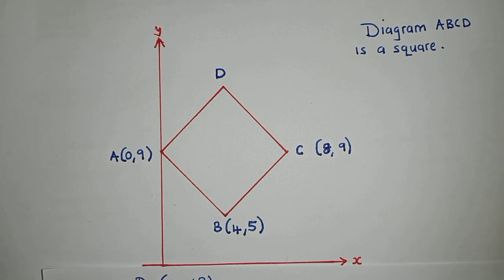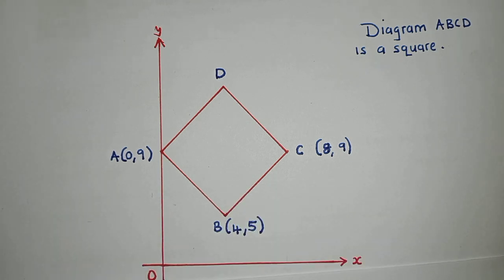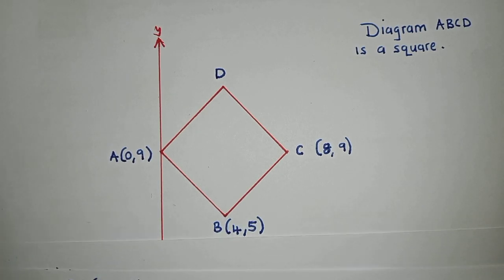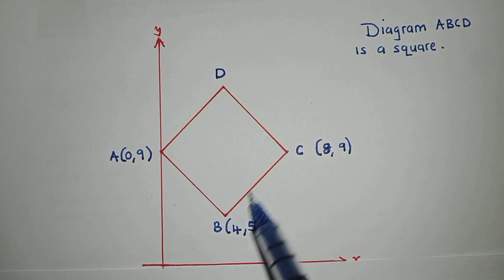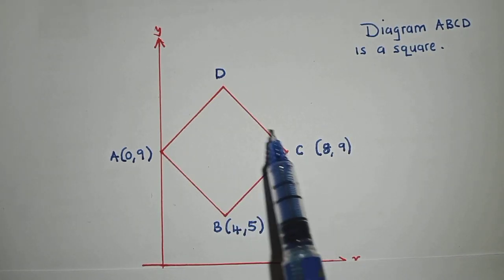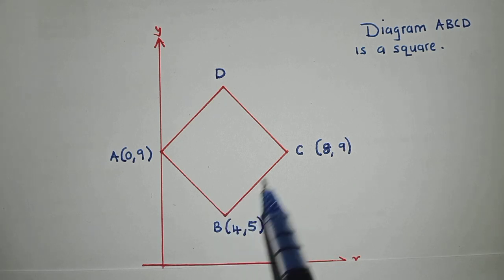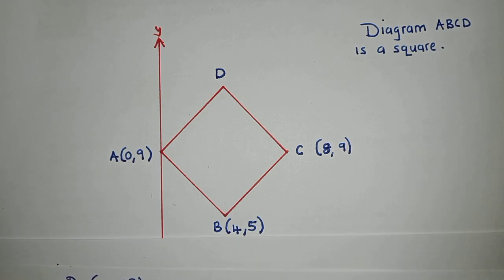Okay, we go to the next question, which is to find the area. To find the area, we can just calculate the distance of any of the sides, because the distances are the same. If we calculate one side, we then use the formula for the area of a square. So let me find the distance.